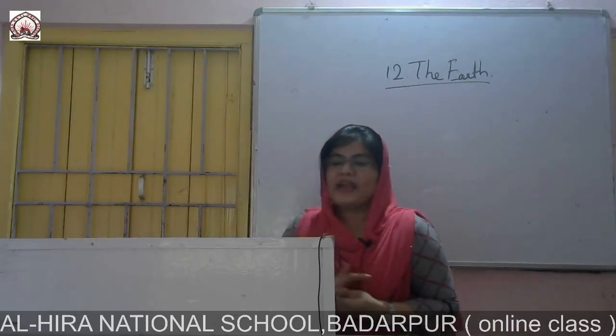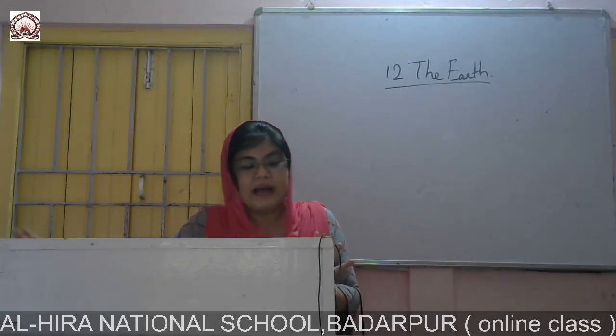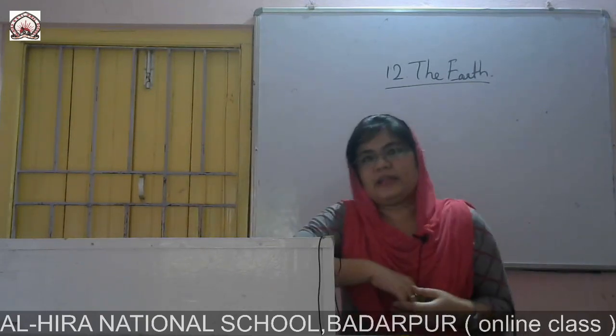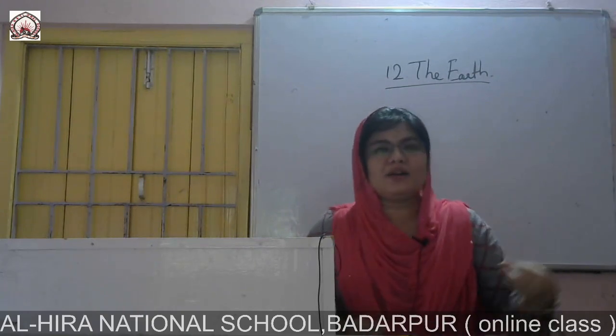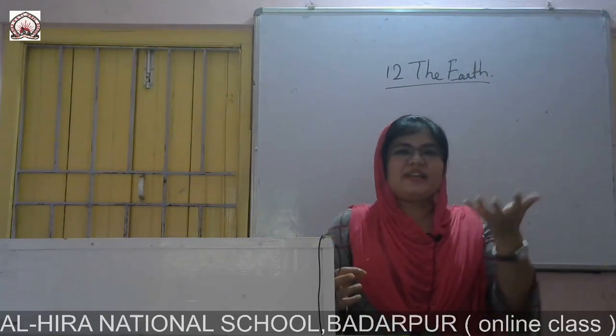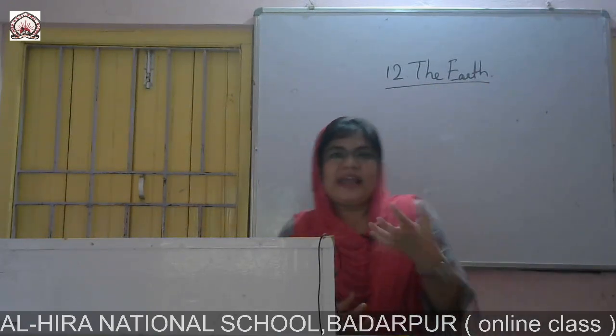Soil has some air and some water. Plants use the water in the soil. Earthworms and other animals that live in the soil use the air in the soil to breathe. So soil is not simply soil, okay. It contains water as well as air.